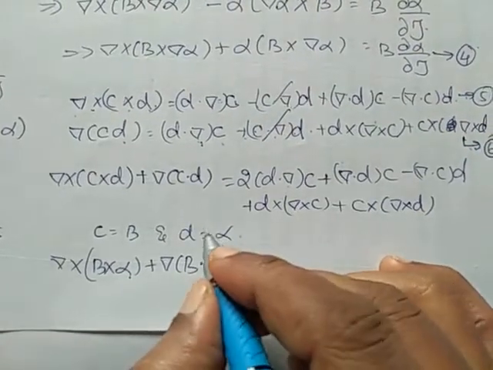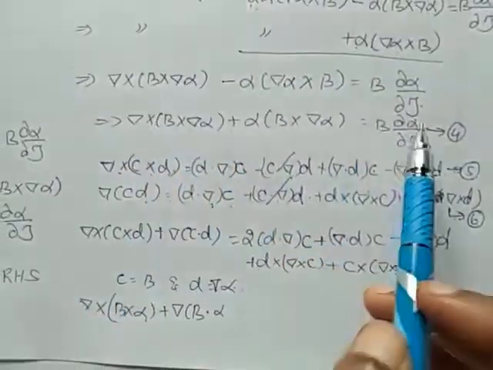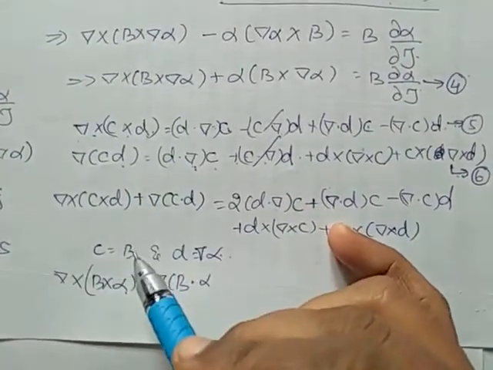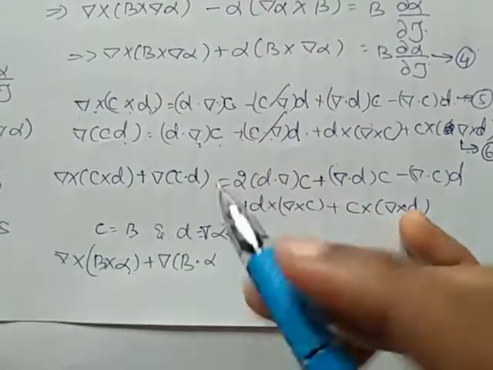Sorry, I'll substitute D as del alpha, because in equation 4 we have B cross del alpha. So substitute C is equal to B, D is equal to del alpha.